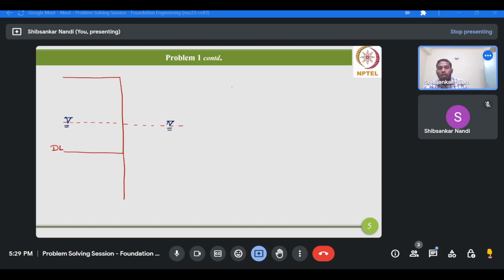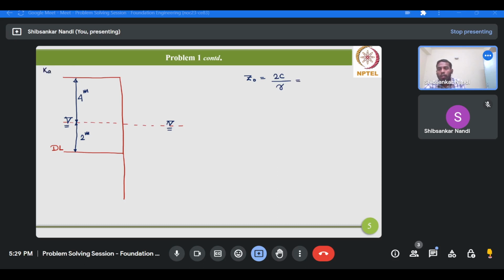Okay. Now we'll first calculate the tension crack depth, Z0. This value is 4 meter and this value is 2 meter. So Z0 is basically 2C by gamma, because here K and Kp both are 1.